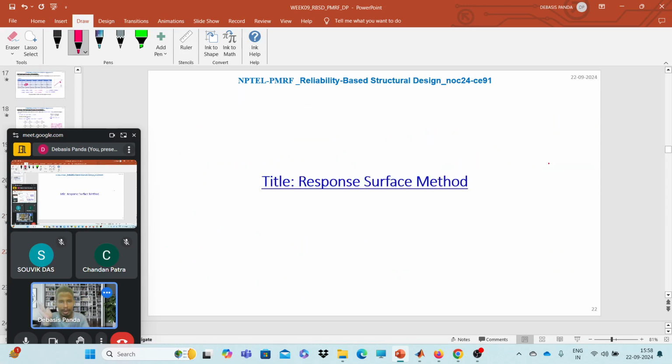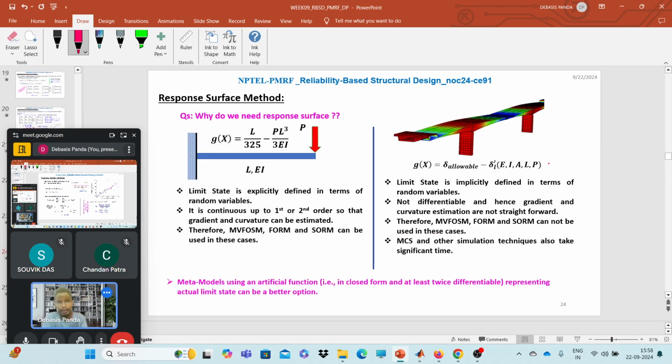Now our main motto is how we can use this concept of curve fitting in the reliability process. So we have the response surface method. In the very beginning, we discussed that if the limit state is not defined explicitly with respect to the basic variables, we cannot perform the gradient based reliability analysis.